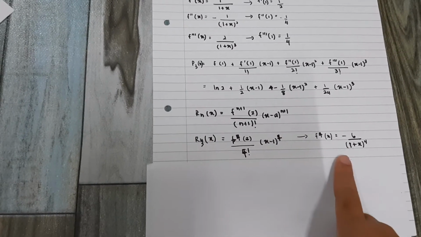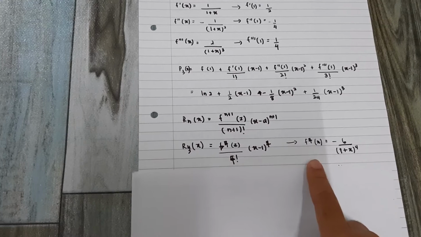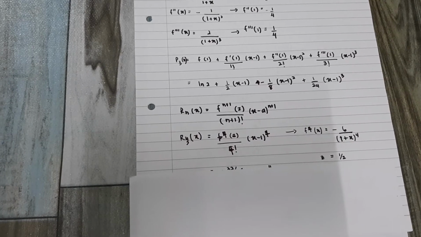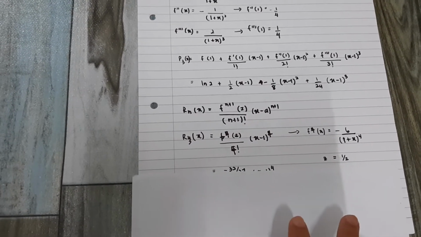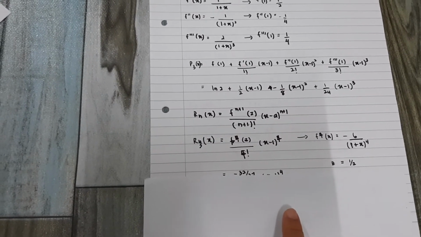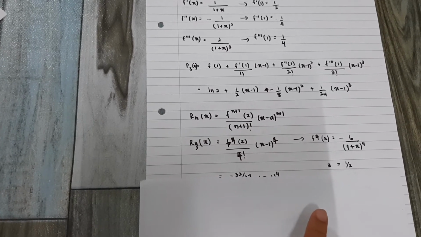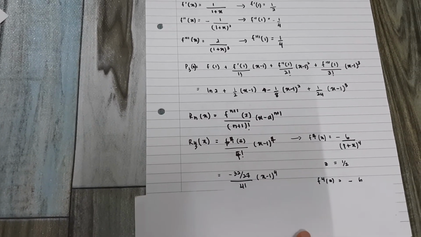So this is the derivative of the function at the 4th degree, which is equal to negative 6 over (1 plus x) power of 4. We assume that z is a number between the value of x and a, so I use 1 over 2.